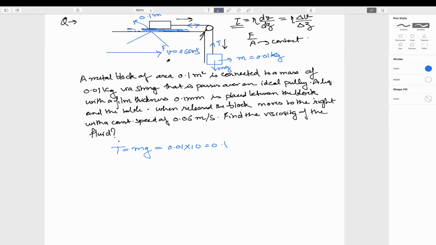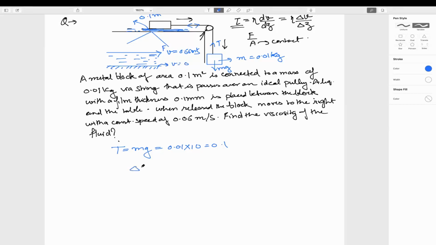The table is still, so the table is not moving. So we know F. Here is a fluid. Now at this point, because it is still, the velocity of the fluid here is 0.